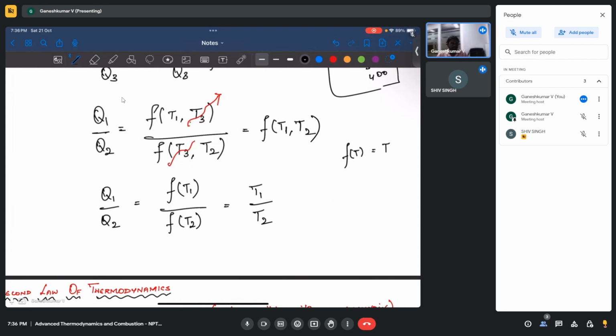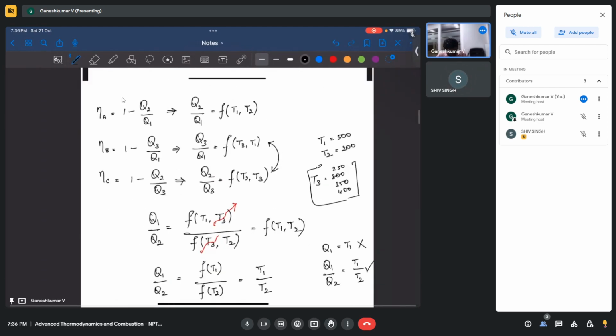That's what we are taking. So basically, you cannot say Q1 is equal to T1. This is wrong. But you can say Q1 by Q2 is equal to T1 by T2. This is right. You cannot simply replace Q1 with T1 or Q2 with T2, but the ratio of heat can be replaced with the ratio of temperature, because it's a reversible engine.